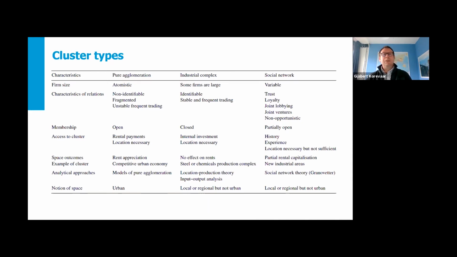And then we also have the other extreme, where we have a network of companies, but they do not exchange so much material; they exchange knowledge and information. We call that a social network. The most obvious example is Silicon Valley. That is full of tech companies.